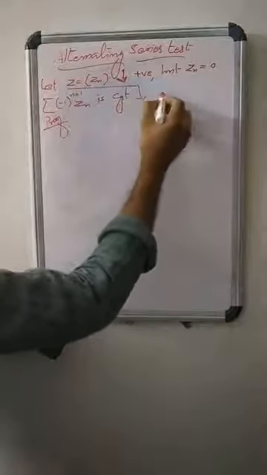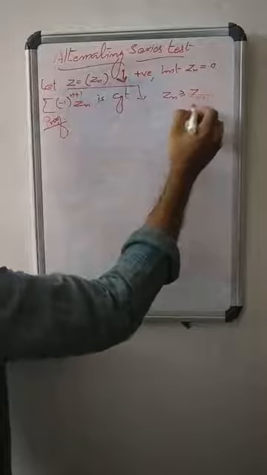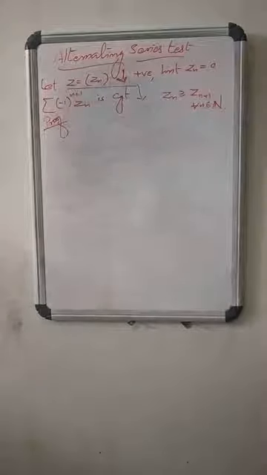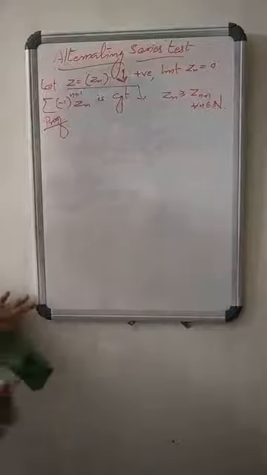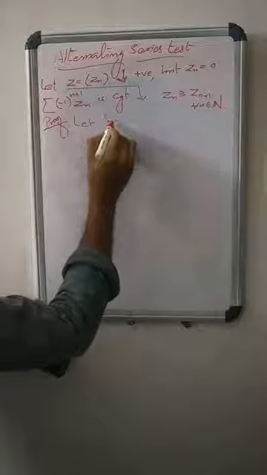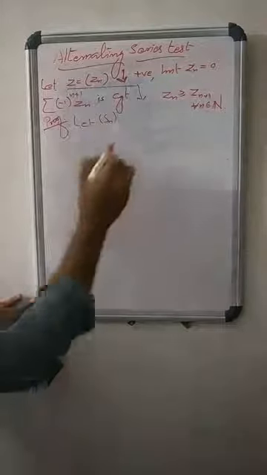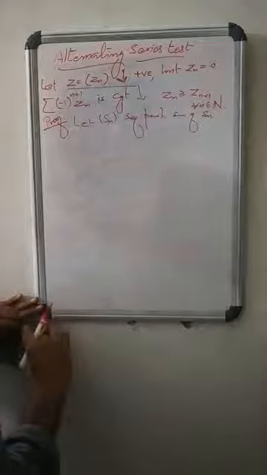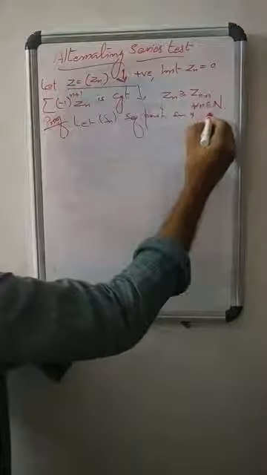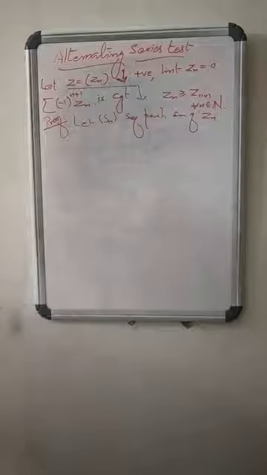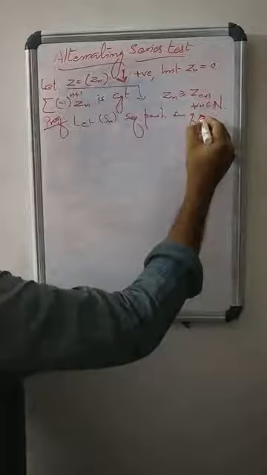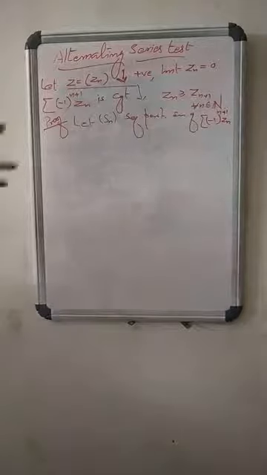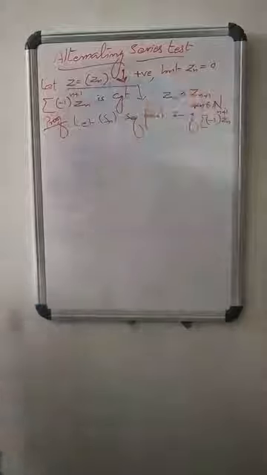Decreasing sequence means zn is greater than or equal to zn+1 for all n in N. Since zn is a decreasing sequence of positive reals, zn ≥ zn+1 for all n.